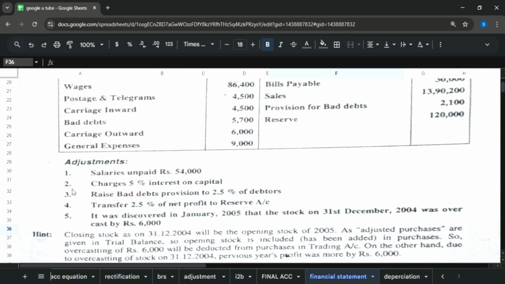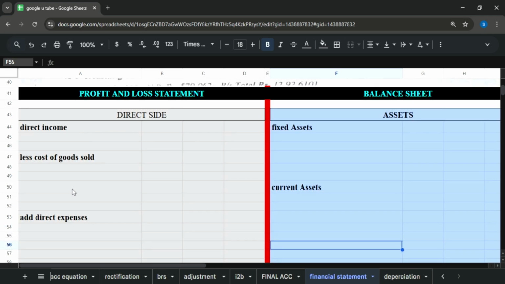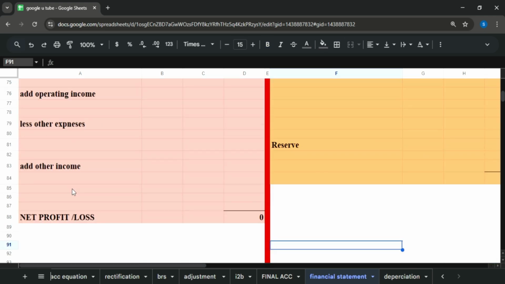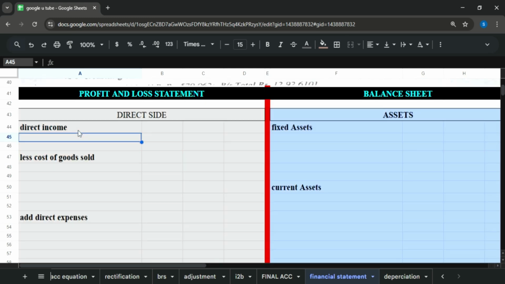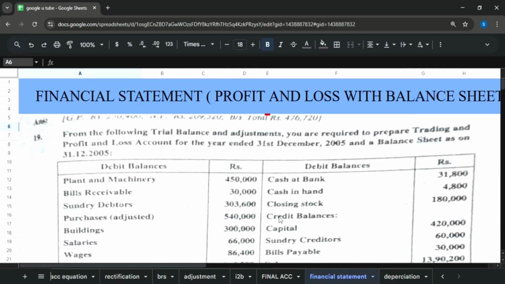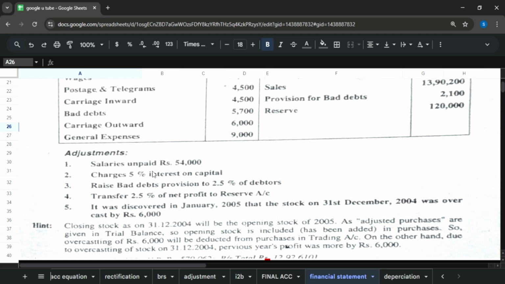Charge 5% interest on capital. Again we will go to operating expenses. A better position is other, otherwise you can write it in operating expenses as well. So here you will mention interest on capital. Now we will see how much capital is mentioned. Look, the first amount on the credit side, capital 4,20,000, and the interest charge is 5%.